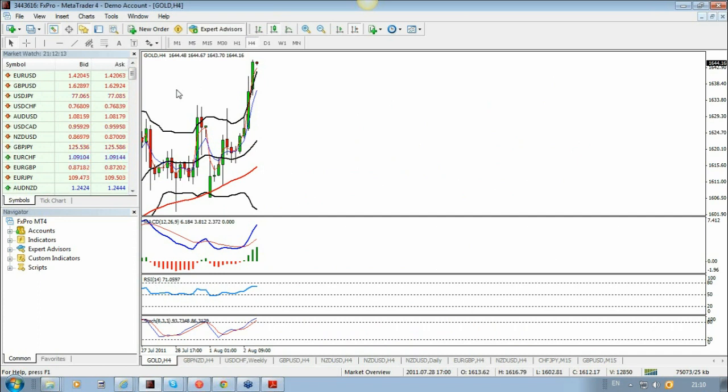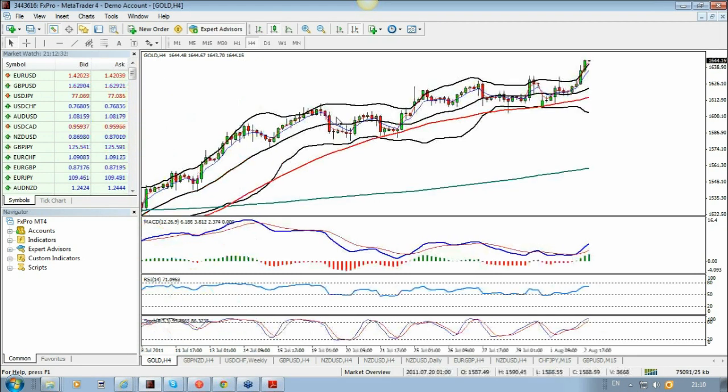Is a V pattern similar to head and shoulders? No, not at all. Igor says, could we mistakenly see a flag? Where, Igor? Any more questions, friends?